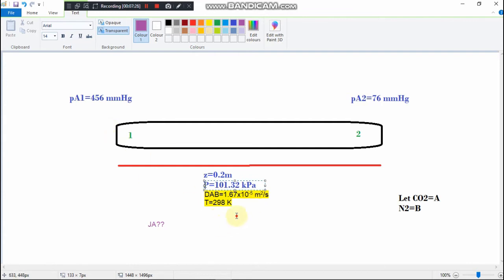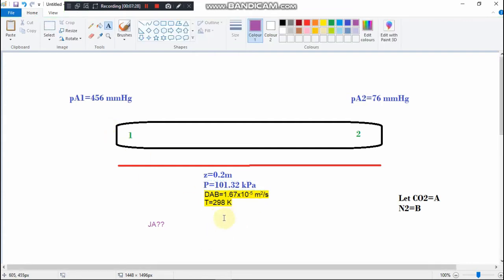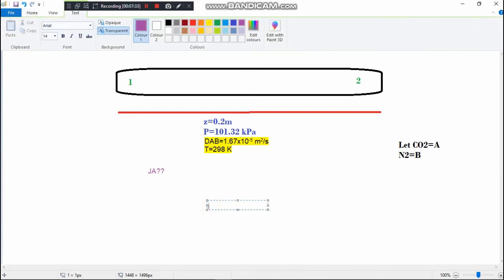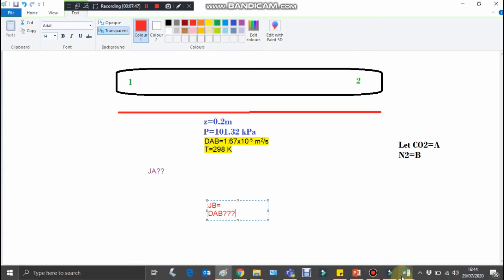But the difference is that for question number 2, they give you the value of JB, which equals something, and then they ask you to find the value of DAB.